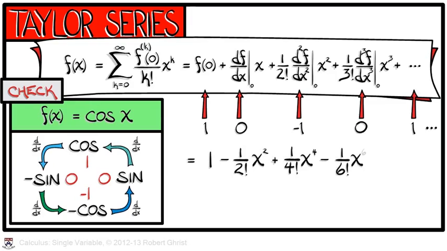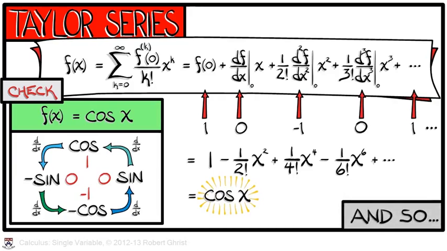When we simplify this expression, we see that all of the odd degree terms have 0 coefficients, leaving us with only the even degree terms in this series, and with the now familiar alternating signs, giving us our familiar expression for cosine of x.